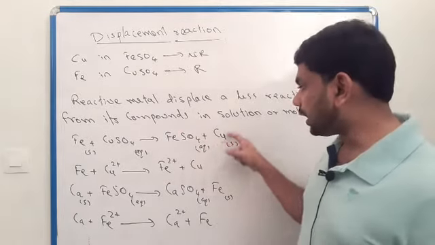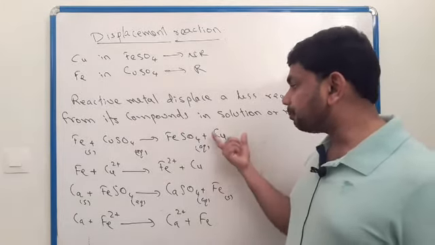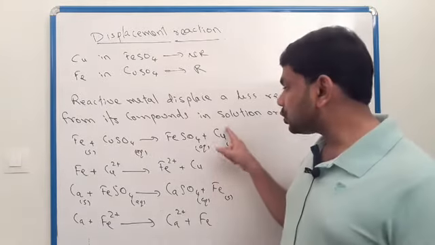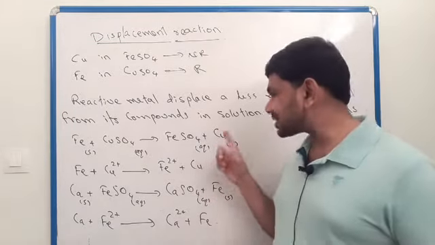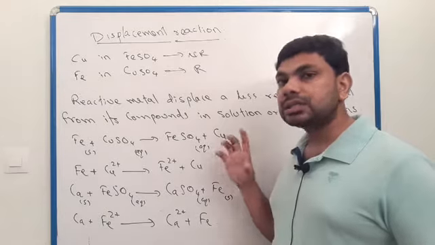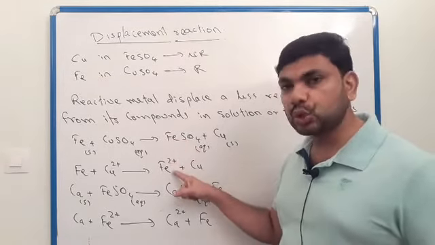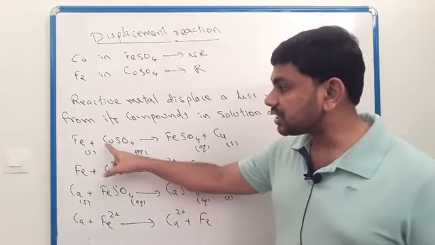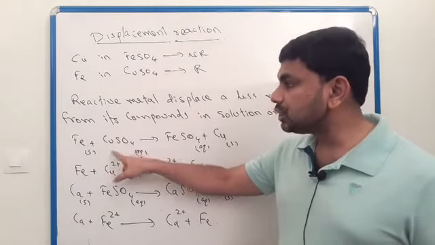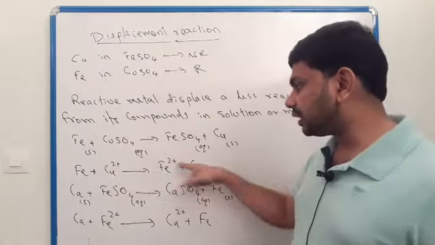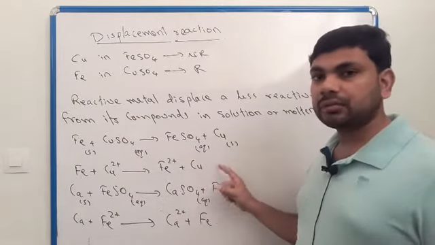And here Cu, copper in solid state, has no specific charge. The oxidation state of copper is 0. Here the oxidation state of iron is plus 2, and here the oxidation state of copper is Cu2+. So this is the ionic equation for this chemical reaction.